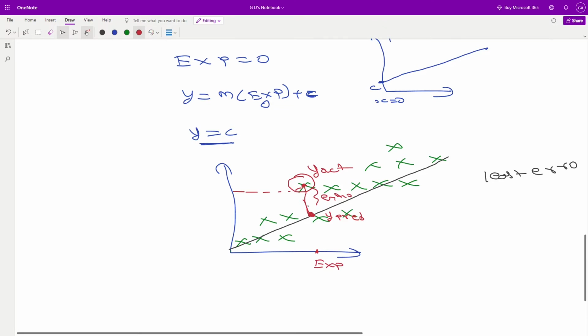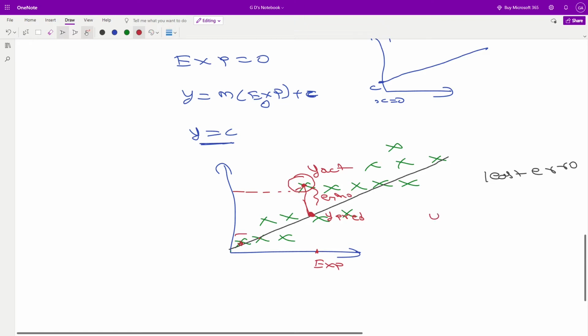If this line is too close to this particular point, the error will be minimum, obviously. For this particular point, the error is very less, almost 0, because it is almost on the line. So it depends from point to point. How do you calculate the error?